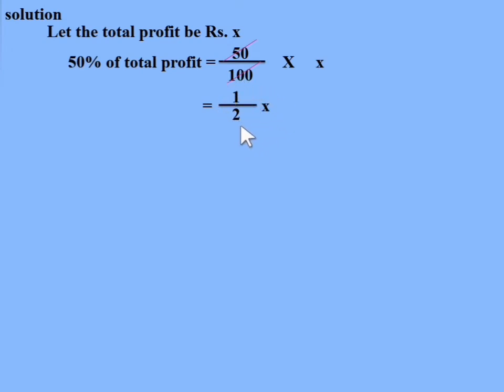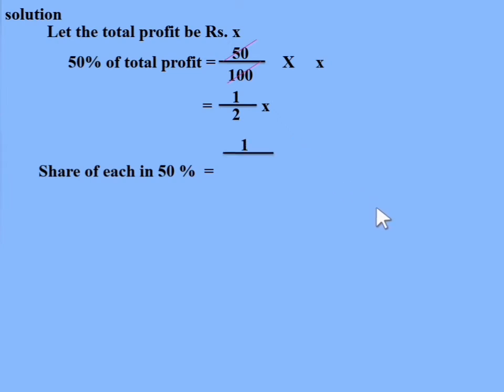is to be distributed among themselves equally. So the share of each in 50%. This is the 50% of the total profit. 1 by 2x is the 50% of the total profit. So this has to be divided among themselves equally.